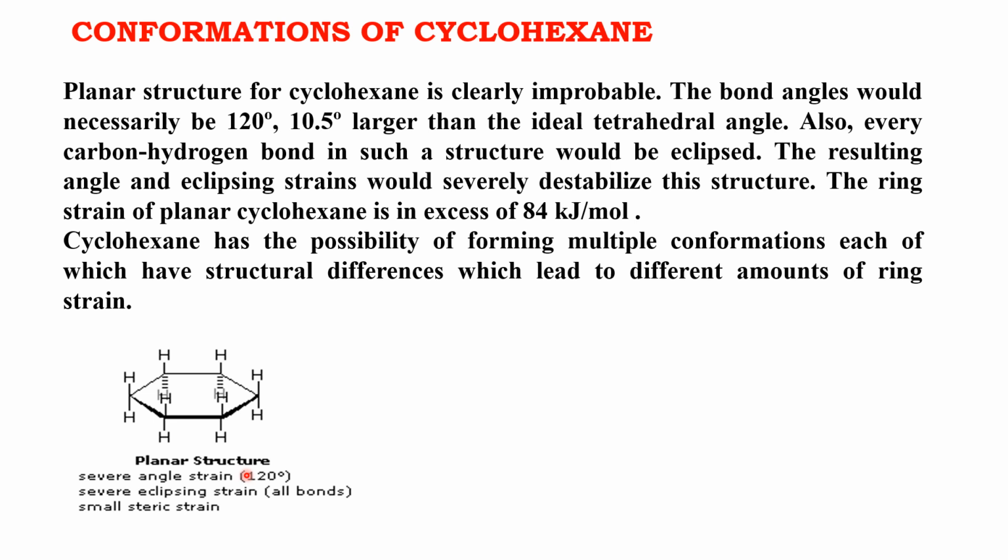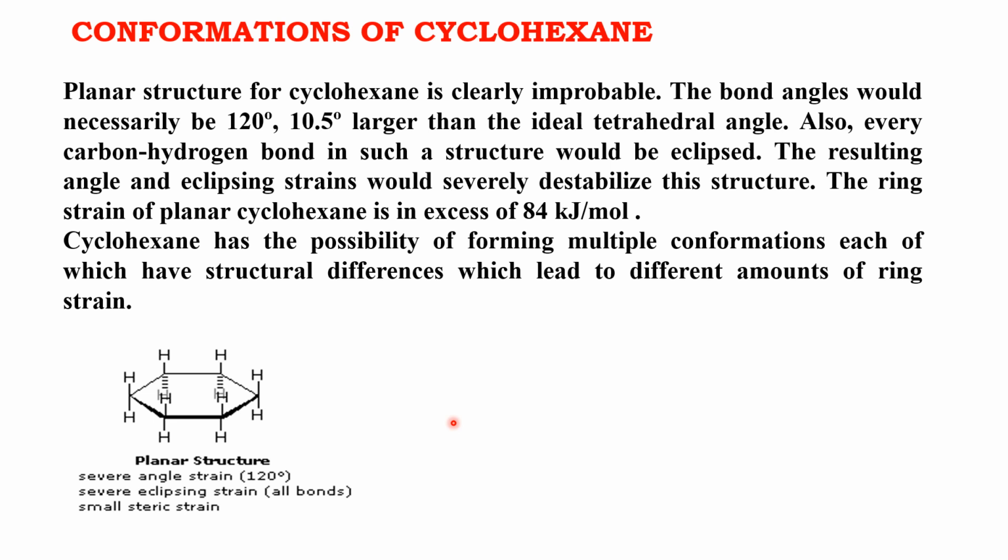It has 6 carbon atoms, and all the carbon atoms are sp3 hybridized. There are no double bonds or triple bonds. That means each carbon atom is connected to another carbon atom through a carbon-carbon single bond.